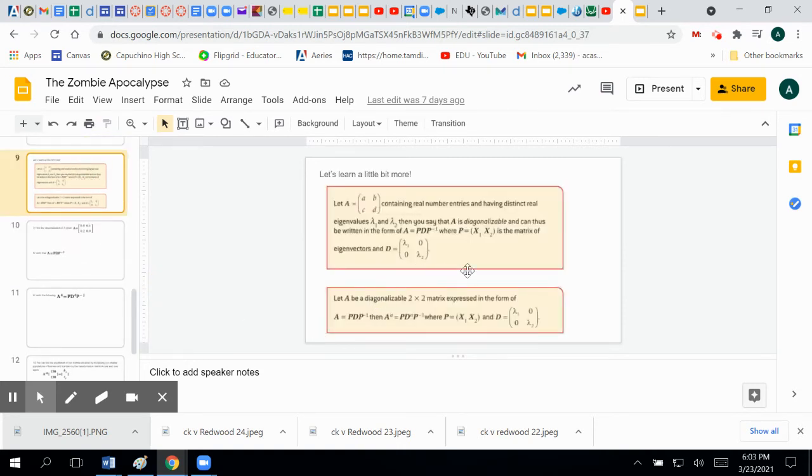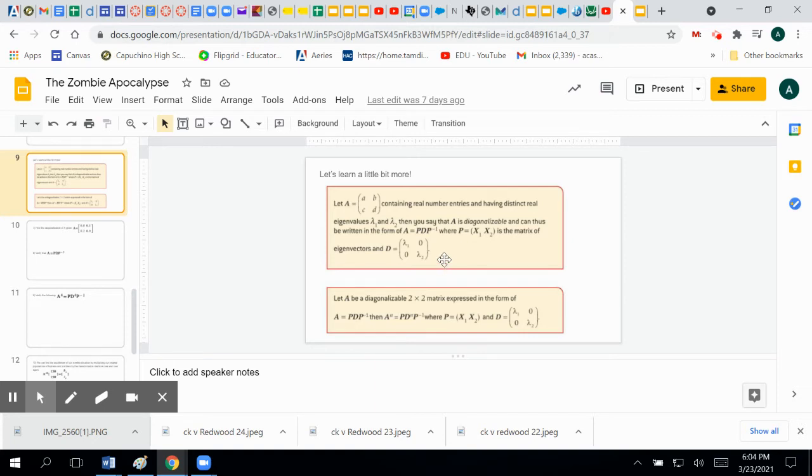What is going on here is if you have a matrix A, so our matrix was our starting matrix, that 0.8, 0.2, 0.1, 0.9, that matrix, it is diagonalizable if you can write it in the form of P times D times the inverse of P, where P is made up of the eigenvectors of your matrix A, and matrix D is made up of the eigenvalues.